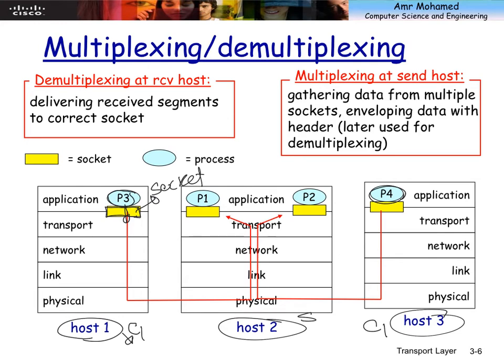So the application has a process. A process is a piece of software that runs on the host, and this software represents a network application, like a web browser, like an FTP client, anything. Each of these applications runs as a separate process on the host, and they use a socket to interface with the transport layer.